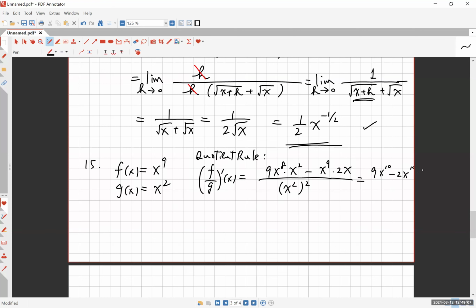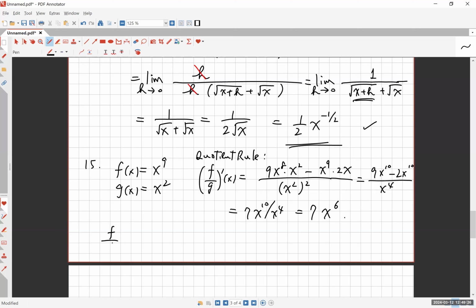Whoops, that's going too far here. Let me go ahead and erase this. You can simplify this further, all over x to the 4th, right? So that's, of course, 7x to the 10th divided by x to the 4th. That's known as 7x to the 6th power, right?